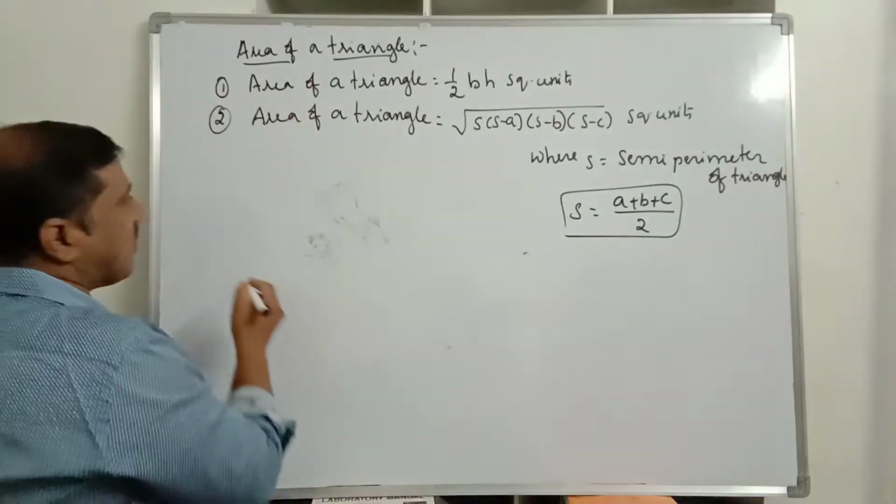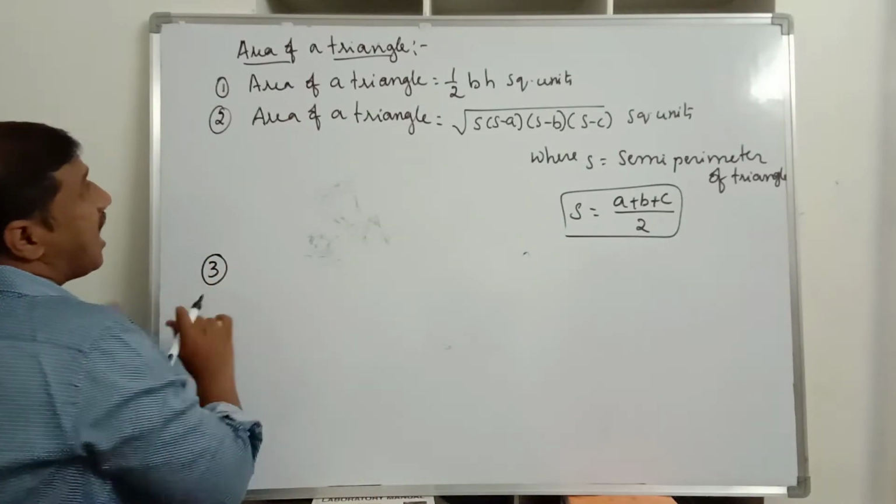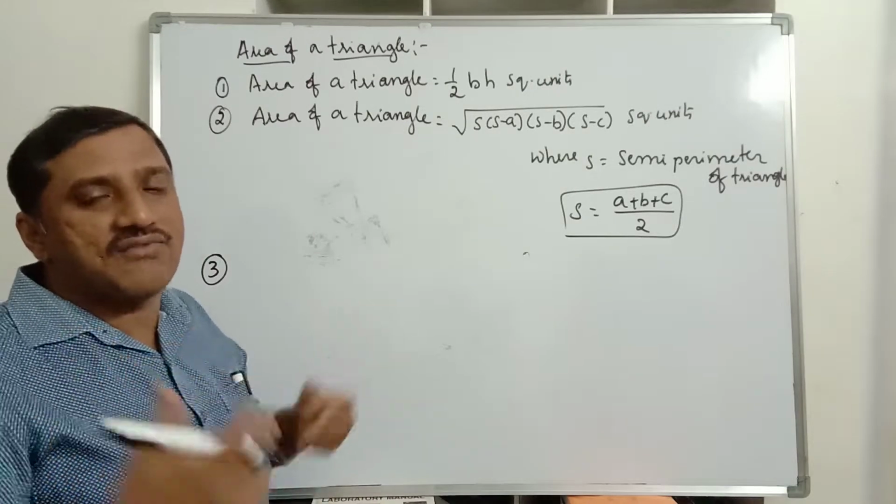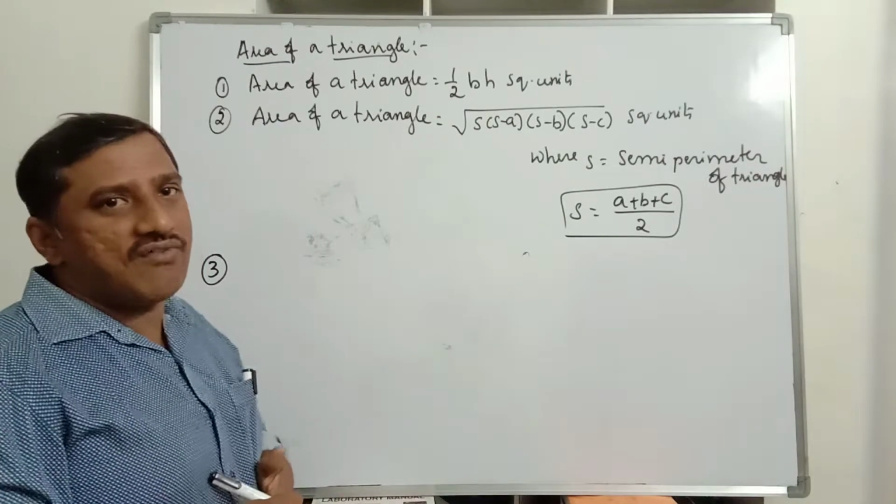Now the third case we are going to discuss in class 10, that is when we know the three vertices of a triangle. How do we find the area of a triangle?